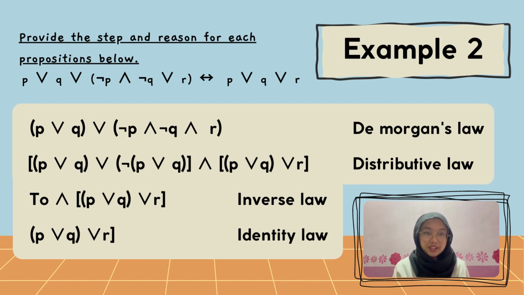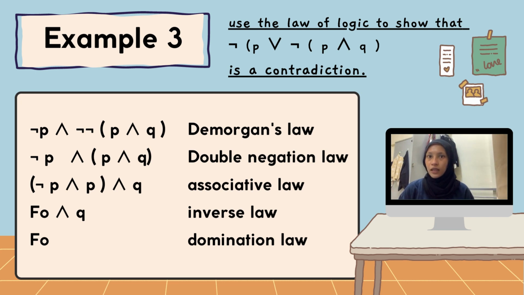For the last example, the question is use the law of logic to show that not (P or not (P and Q)) is a contradiction. From the statement, we can use De Morgan's law and get not P and not not (P and Q).